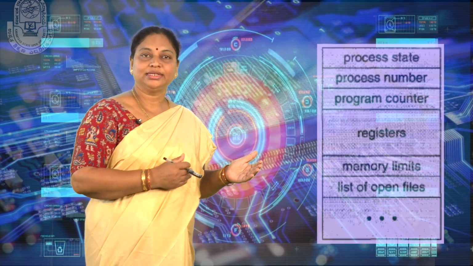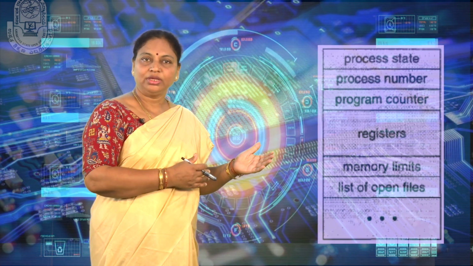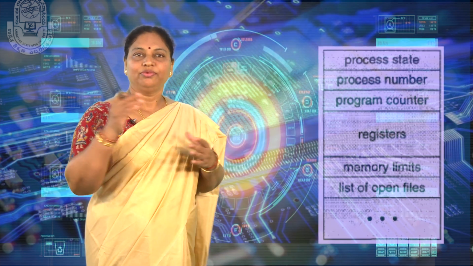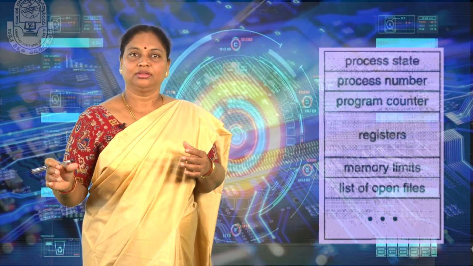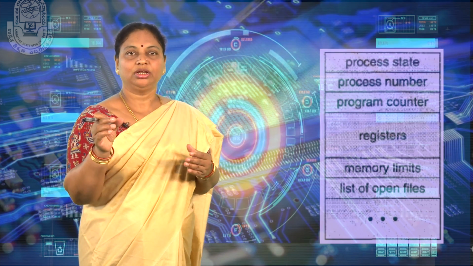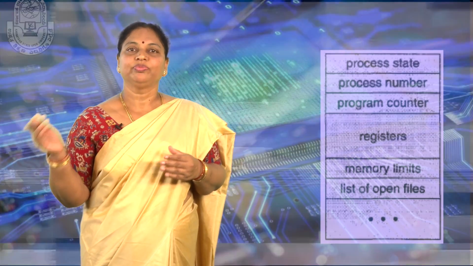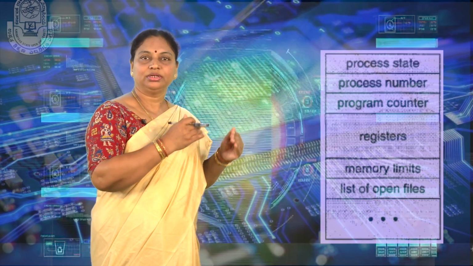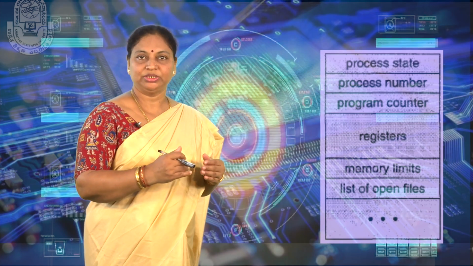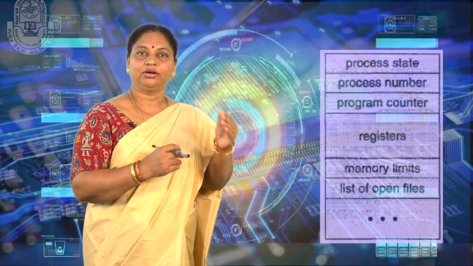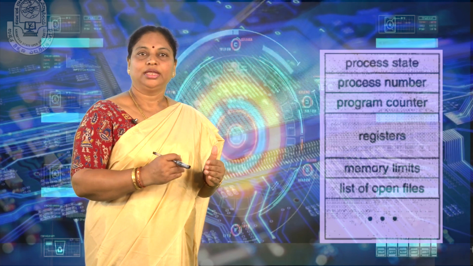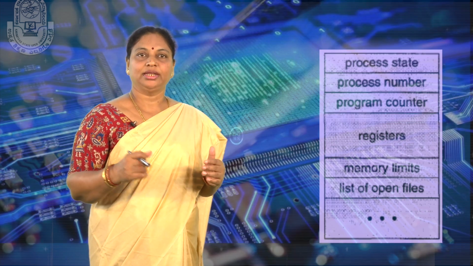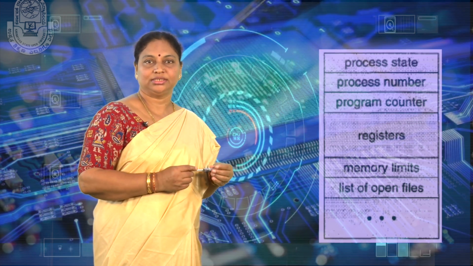Next we have index registers. When do we use index registers? When we are using arrays, it may be a one-dimensional array or a two-dimensional array. When we use the array concept to keep track of the cells in a two-dimensional array or to keep track of the elements of a one-dimensional array, we use the index register.